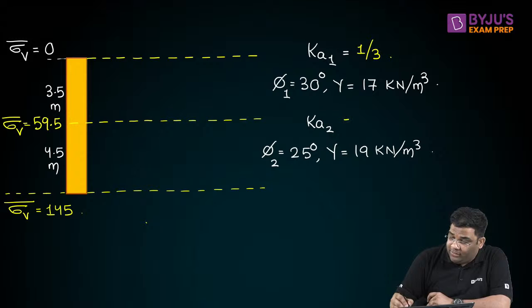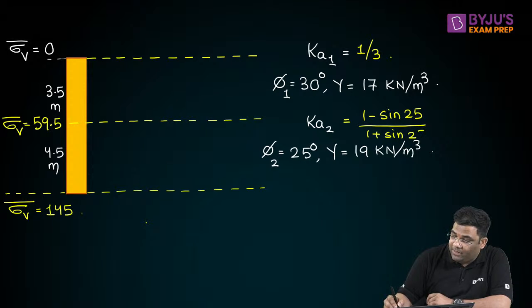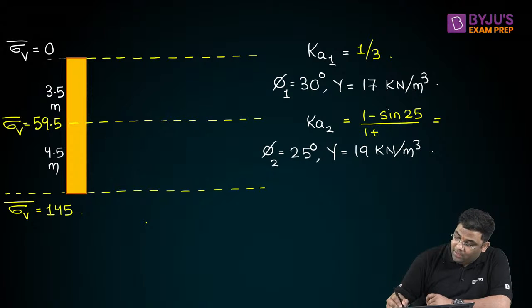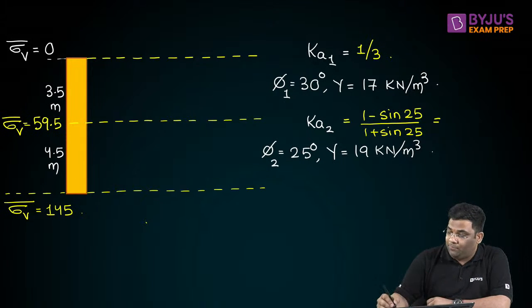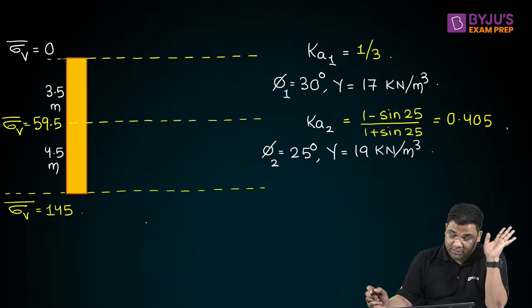So if I want to find out Ka2, it will be 1 minus sine 25 divided by 1 plus sine 25. Give me this value. Ka2, how much are you getting? 0.405. Very good, students.